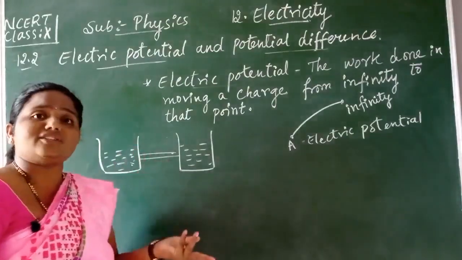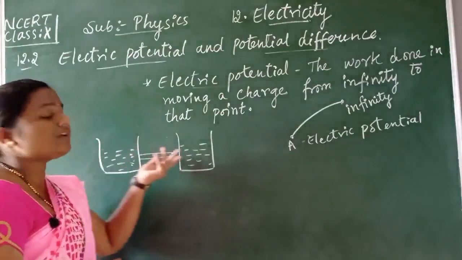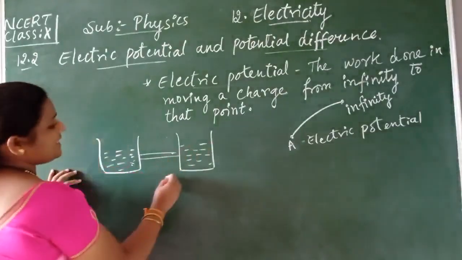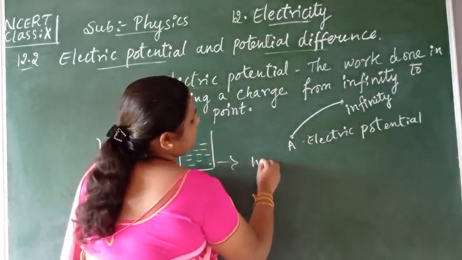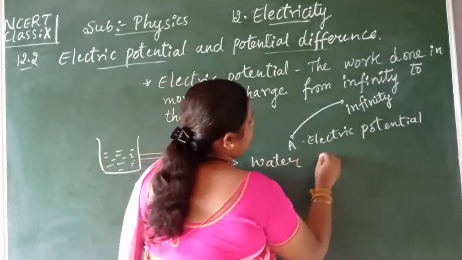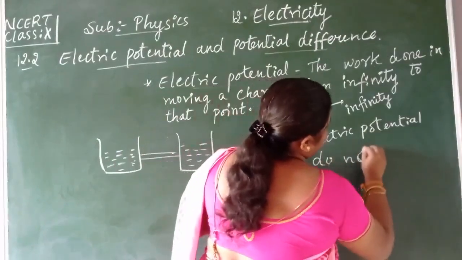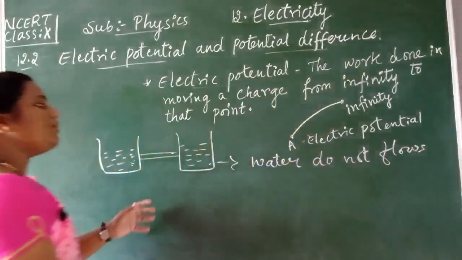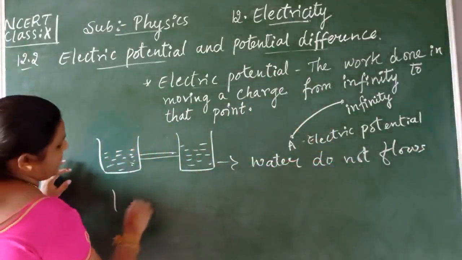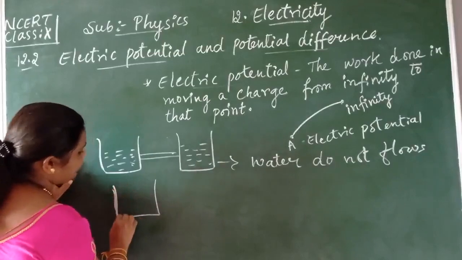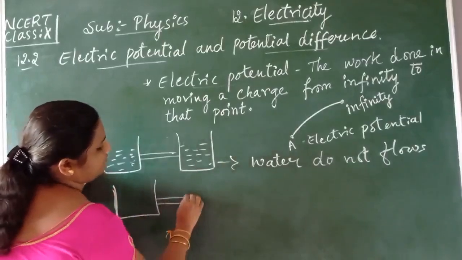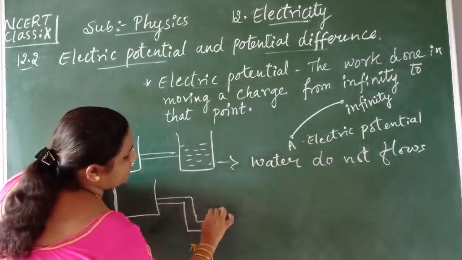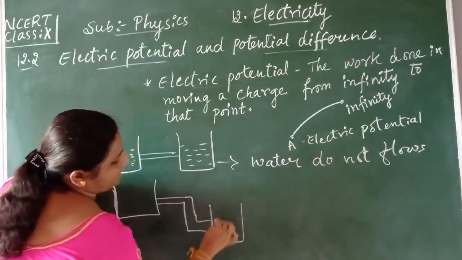If there is no pressure difference, how can the water start flowing? So in this case the water does not flow. Suppose the same water tanks are kept at different heights, one placed at a higher level and connected to the second tank.